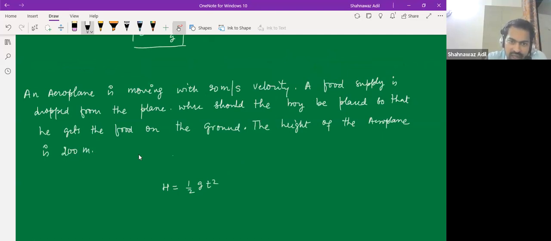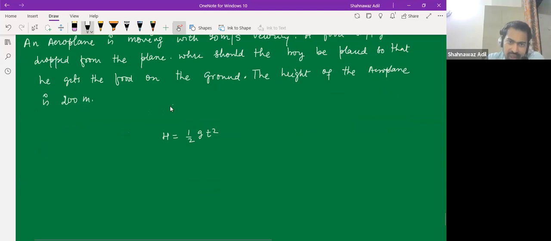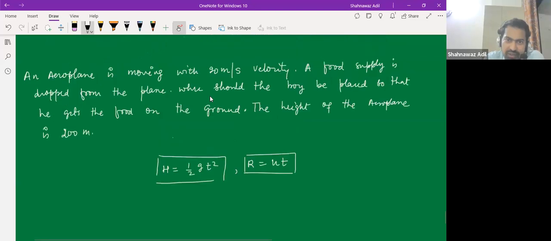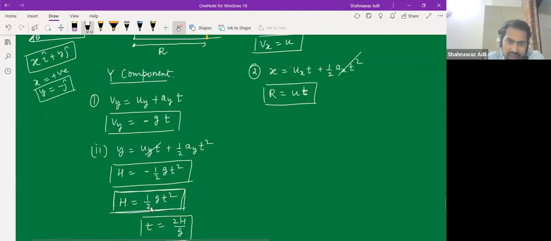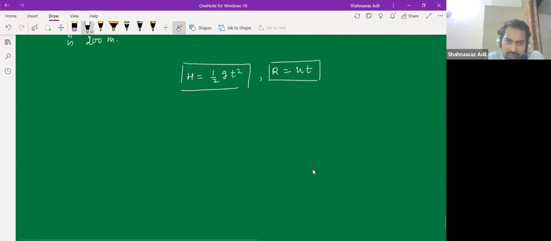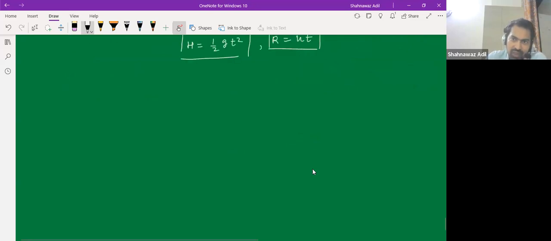So h is half gt square, and r is ut. This we know. Is this clear, guys? This is what we do. Clear?